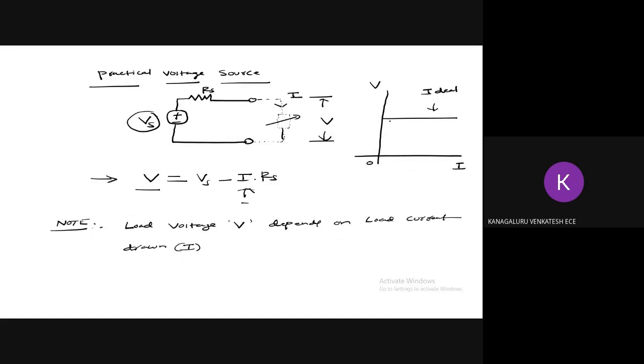Whereas for a practical case, the load voltage is depending on I. For suppose I equals 0, V is going to be Vs. In case the load current keeps on increasing, the voltage starts decreasing. At a particular load current, it approaches the 0 point. So I could say that in case of a practical voltage source, the load voltage depends on the load current drawn.